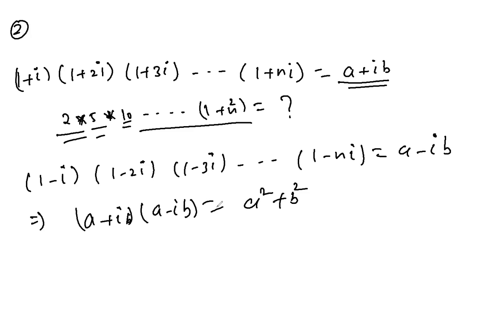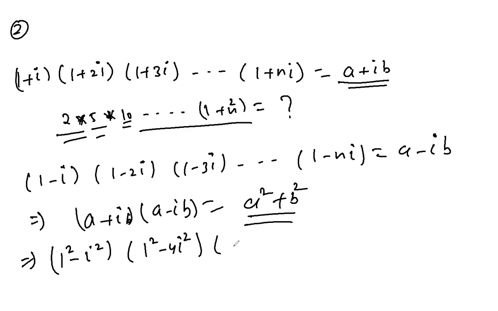Okay. Now if this is the case, then let's multiply these expressions. 1 plus i and 1 minus i give 1 square minus i square. The second will be 1 square minus 4 i square, and it goes this way: 1 minus 9 i square, and so on, up to 1 minus n square i square, which is simply equal to a square plus b square.